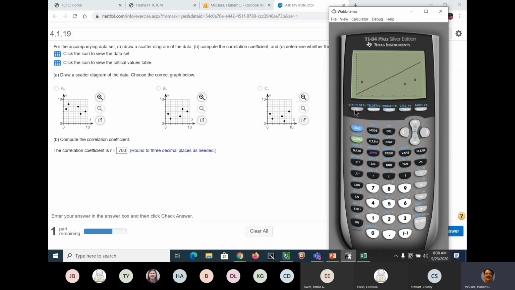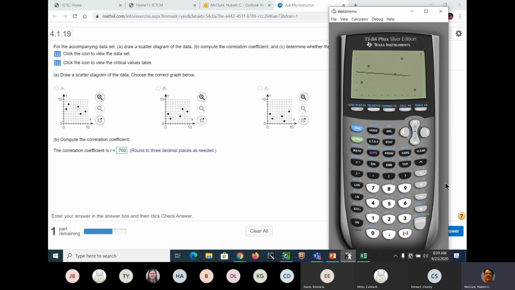Go to y equals, and this is going to be negative 0.065217 plus 7.32608. And graph. And you're not going to be able to see it, so what we're going to do is hit zoom 9 for stat.